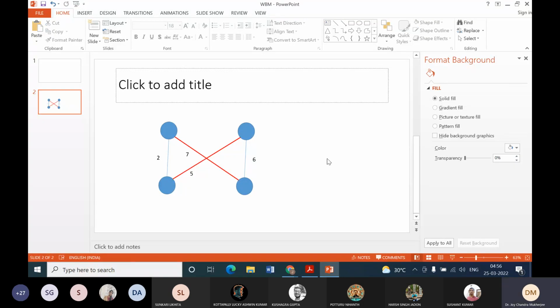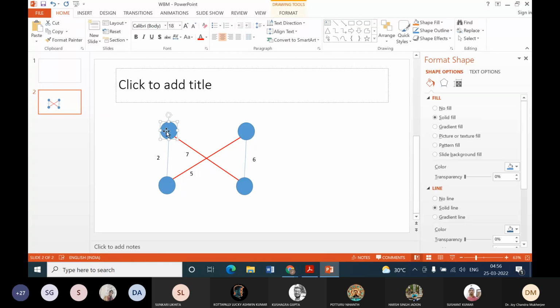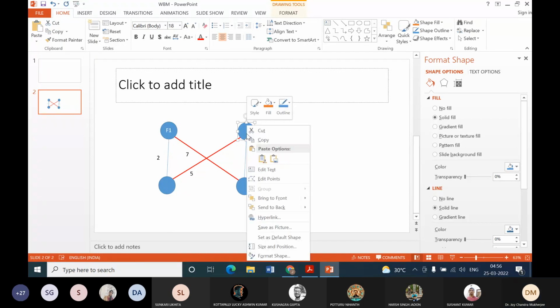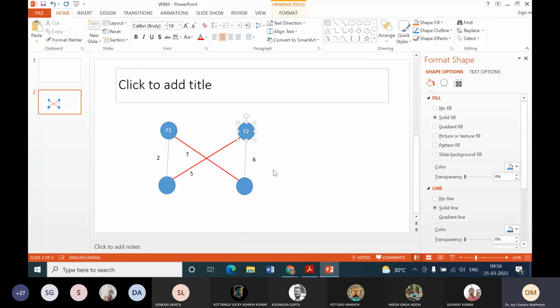Now what should the government pay? Suppose the government is giving the company 8 rupees, suppose 2 plus 6 is 8. Then the company will say that this is my farm 1, suppose it is F1, this is my farm 2, this is my processing plant 1.